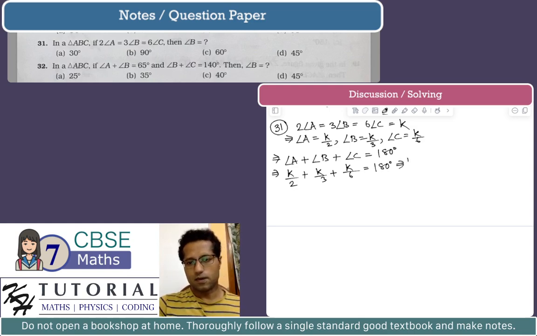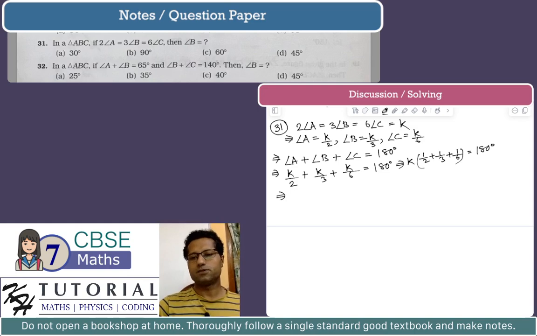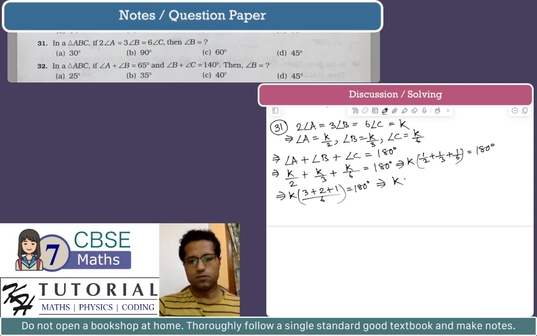This implies K into 1 by 2 plus 1 by 3 plus 1 by 6 is equal to 180 degrees. Now 1 by 2 plus 1 by 3 plus 1 by 6 is 3 plus 2 plus 1 by 6, which is 6 by 6, 1. So K is equal to 180 degrees.